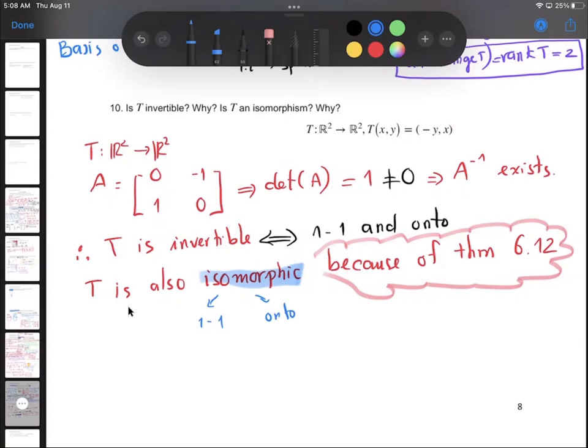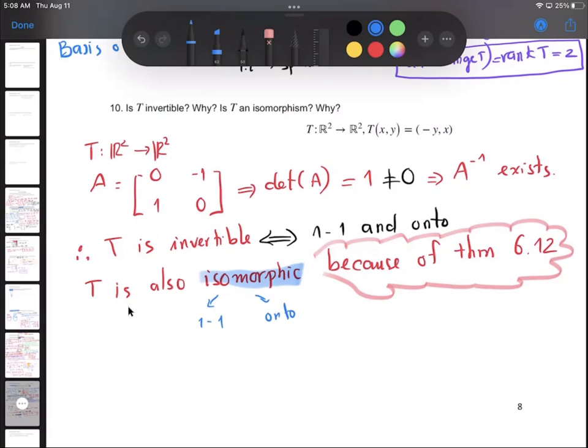If it's 1-to-1, then the kernel of T is equal to 0, I mean the 0 vector, right? Let's check the determinant of A. Well, definitely undefined, right? Because of the dimension, it's not even a square matrix. It's undefined.